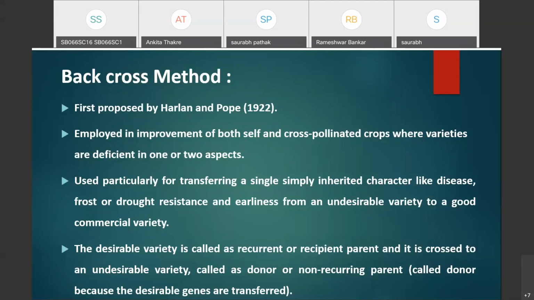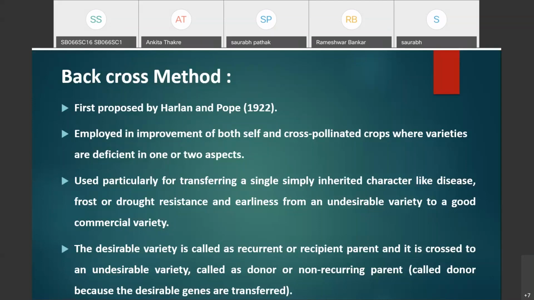It is used particularly for transferring a single simply inherited character, like disease resistance, frost resistance, drought resistance, or earliness, from an undesirable variety to a good commercial variety.